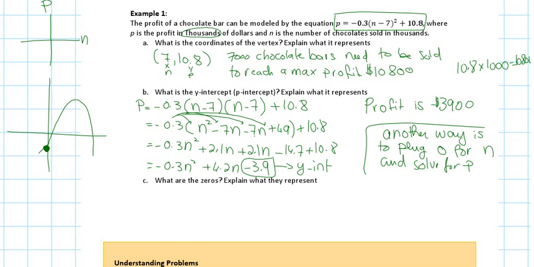And always for the y-intercept, x or n is equal to 0. I'm just going to rewrite this in a sentence: the initial profit is a loss of $3,900.